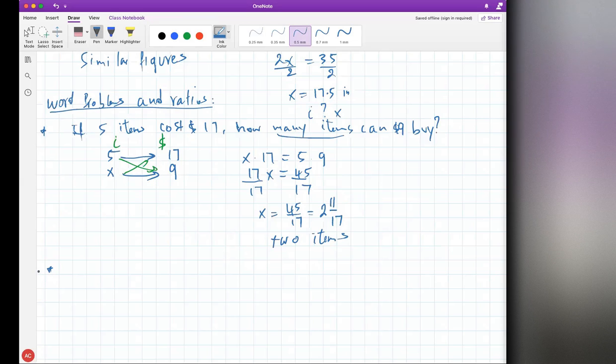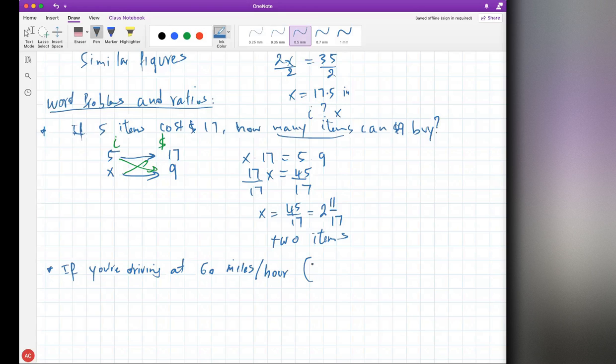Let's say, you see miles and hours often in word problems. So if you're driving at a certain speed, let's say 60 miles per hour, which means during each hour, you drive 60 miles.